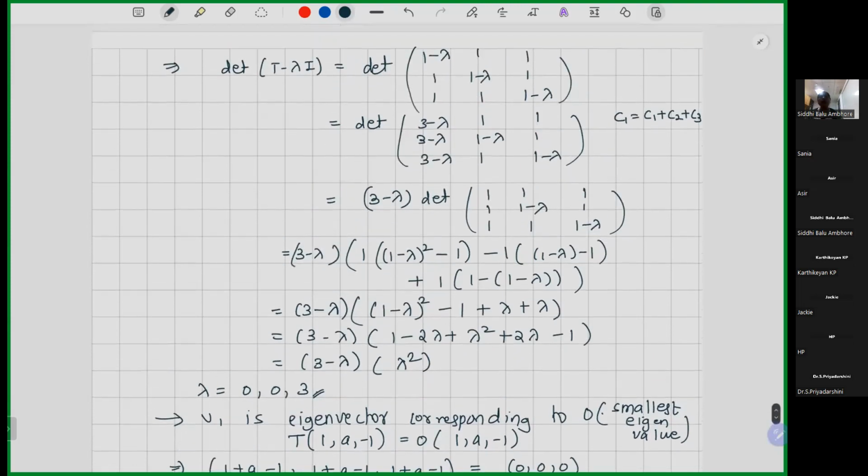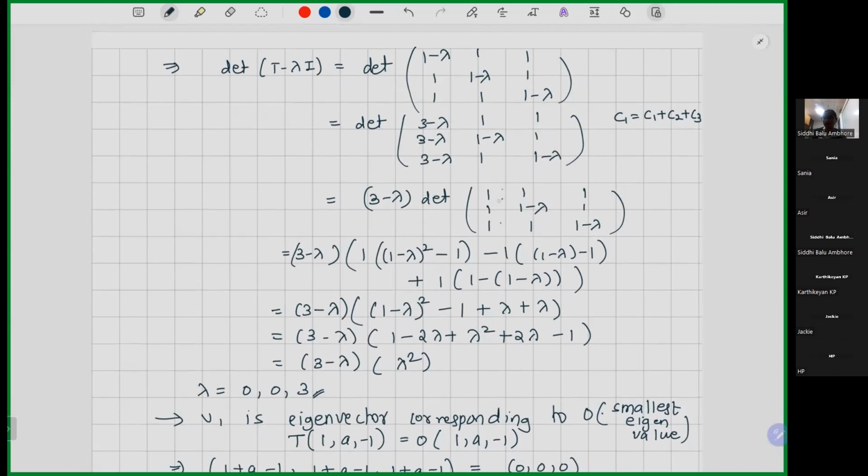In that, this 3 minus lambda, where has it come from? This I took common from the first row, from column 1. This is just a calculation trick we use to calculate determinants.